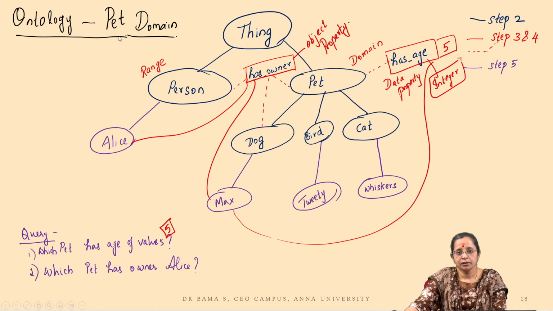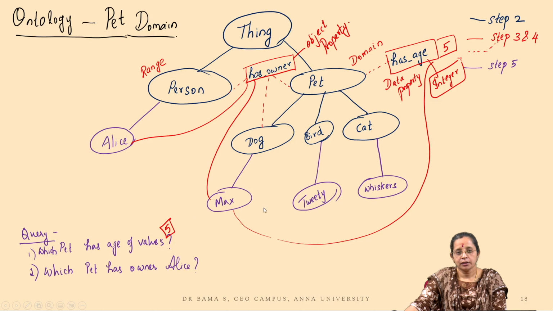So, given this ontology, this is the human representation, that visual representation that we have drawn as per our understanding. Now, with this representation, suppose we ask which pet has the value 5. What we have given is the assertion that Max has age of 5, but which pet has an age value 5? It is actually Max. So, the ontology will go through the whole thing.